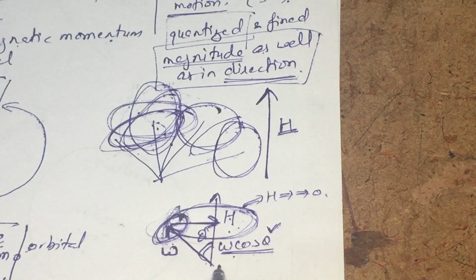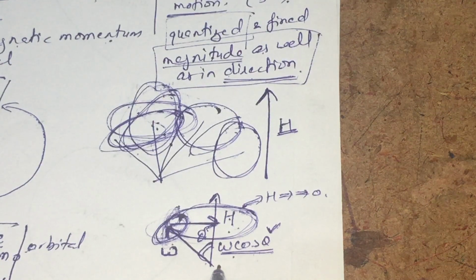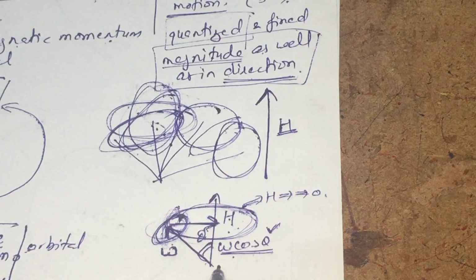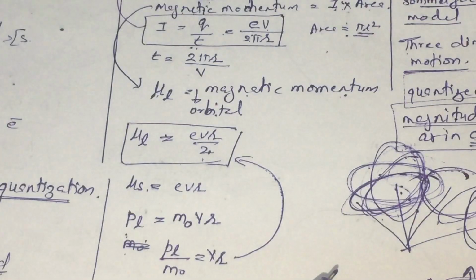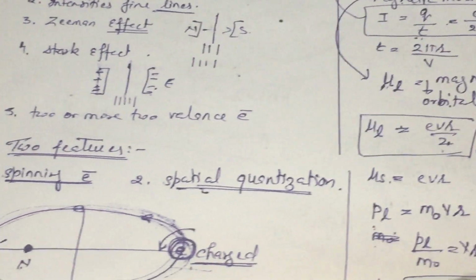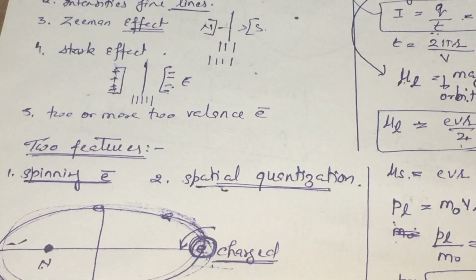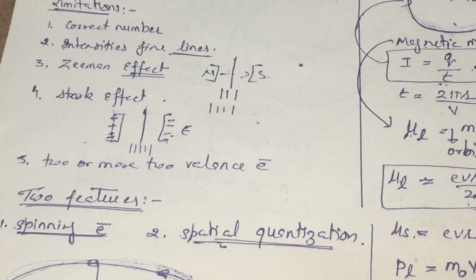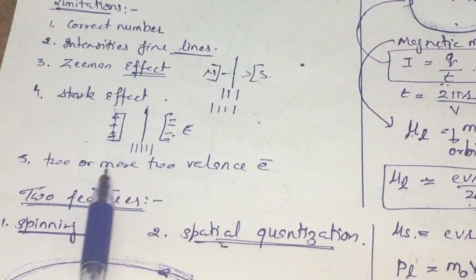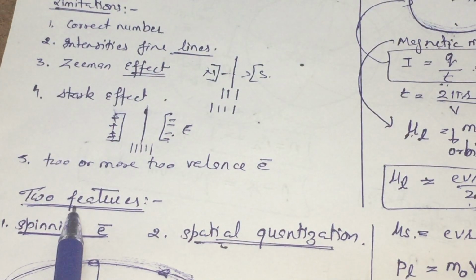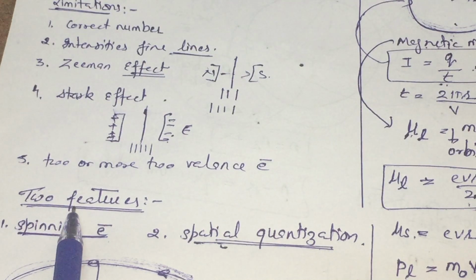Hence, this is our vector atomic model, and it gives us two new characteristics or features which were not previously explained by the Sommerfeld atomic model. In the vector atomic model we introduce two new things.